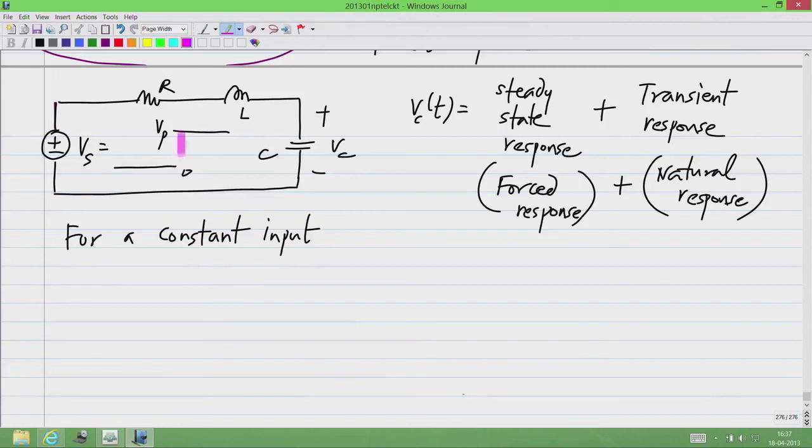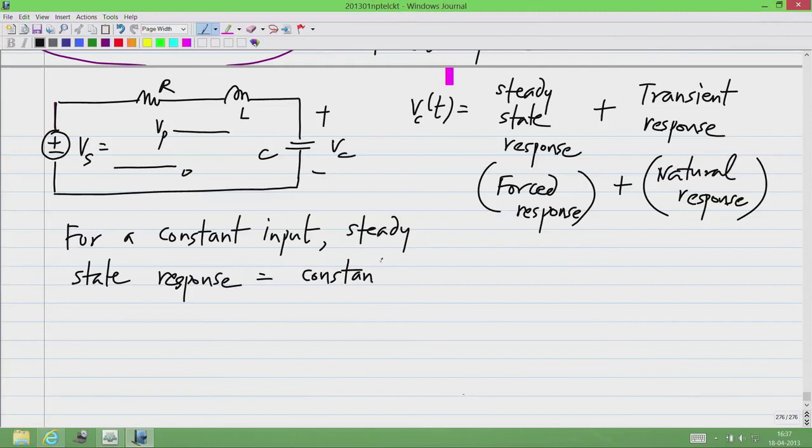The input changes from 0 to another constant. So, I am looking at what happens after t equal to 0, and that is a constant input. The steady state response is also a constant.